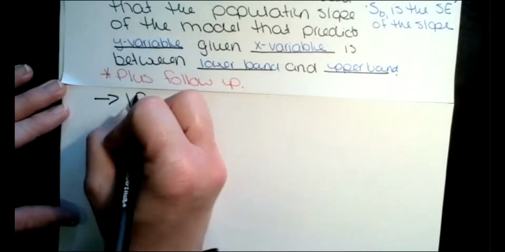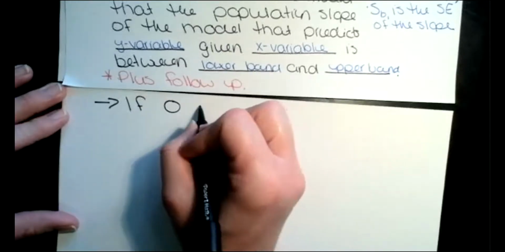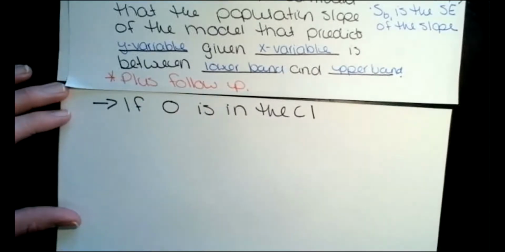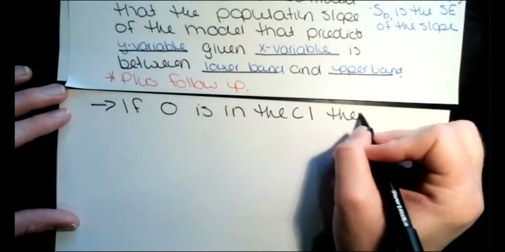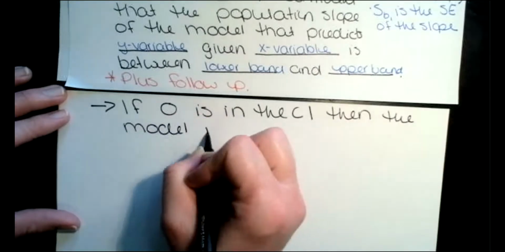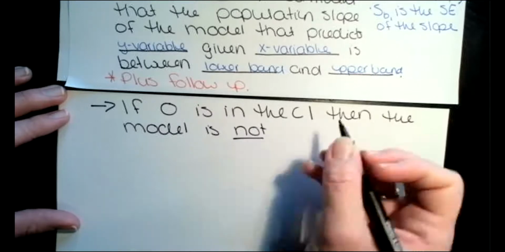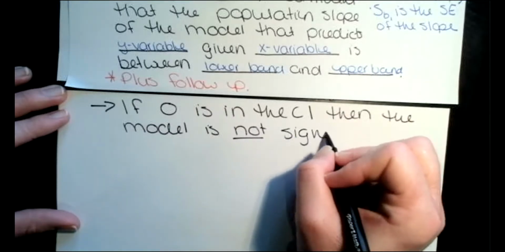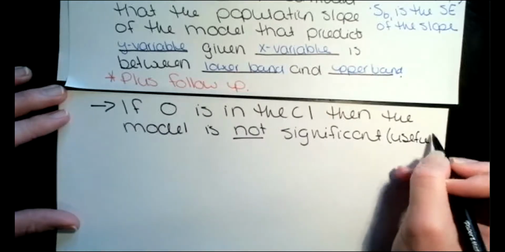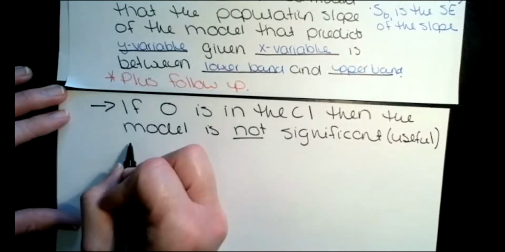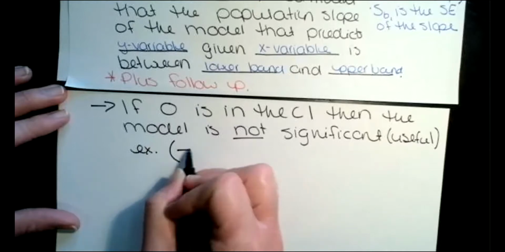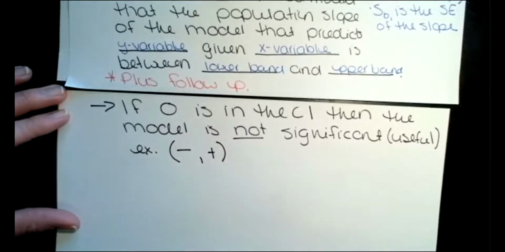So if 0 is in the CI, so if my CI includes 0, then the model is not significant. So it's not useful. For example, the interval that starts negative and turns positive, right?